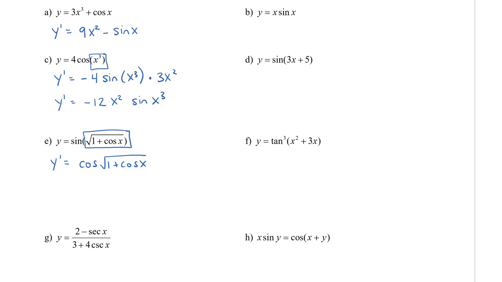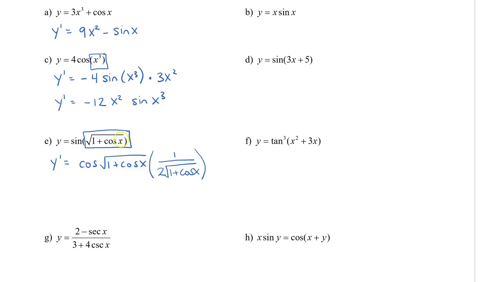To find the derivative of that, we can think of it as an exponent of a half. So we multiply by 1 over 2, and then we'll have negative a half as our exponent. So I'm going to move this to the denominator, and the 1 plus cos x still stays as 1 plus cos x.